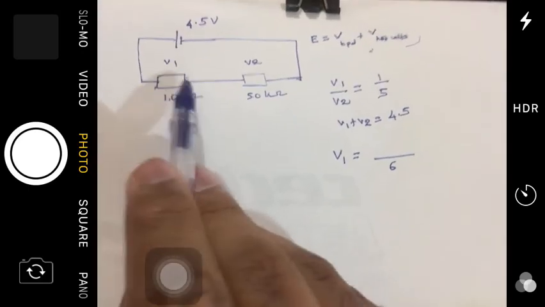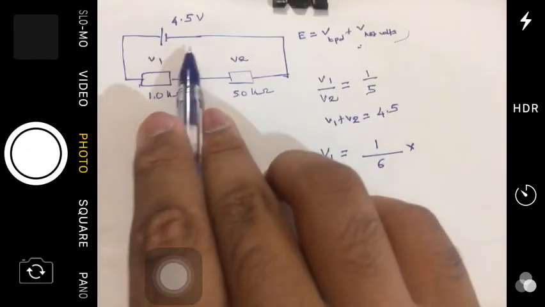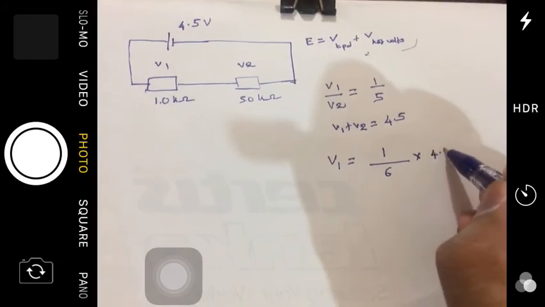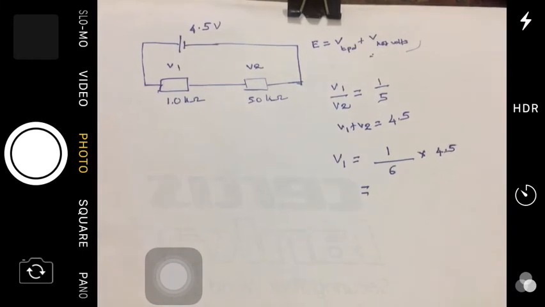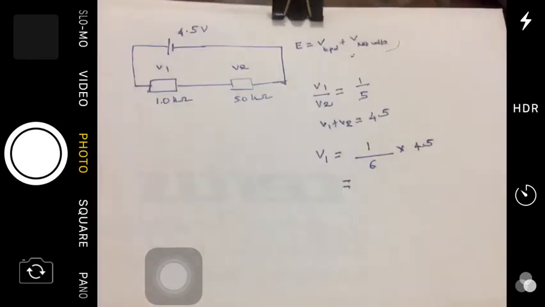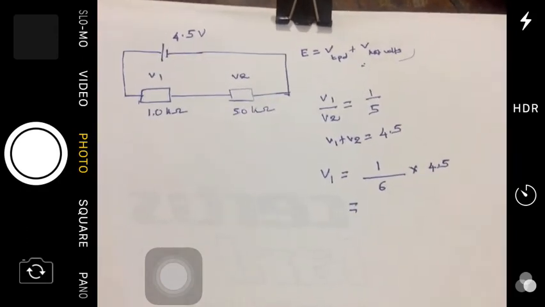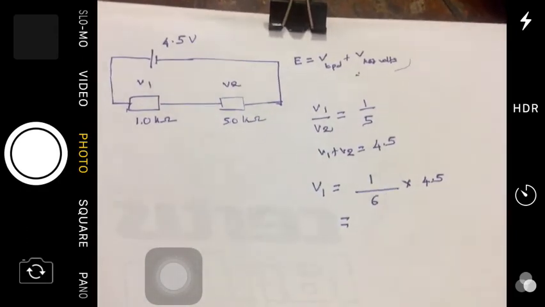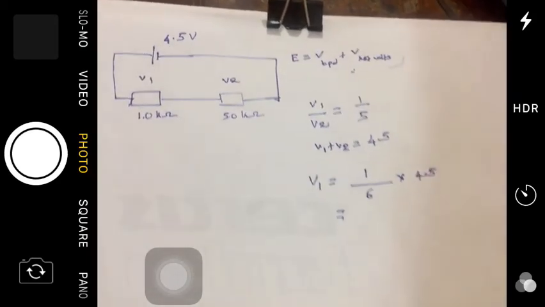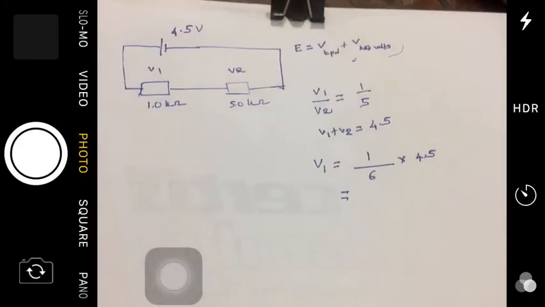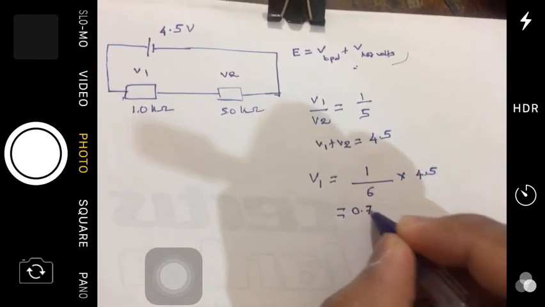The V1 is for the 1 kilo ohm, so 1 times the total potential difference, 4.5, that is equal to 0.75 volts.